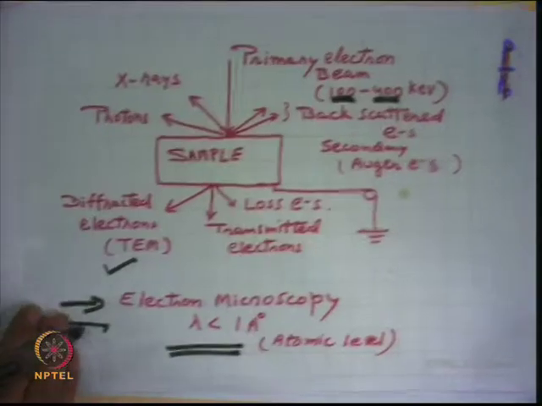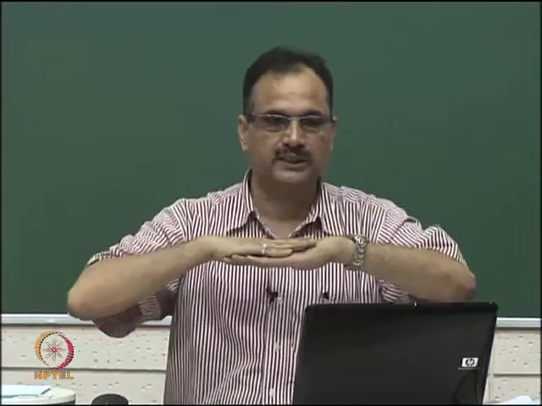I will come back to this later, but right now my idea is that when some energy source strikes the surface, there will be diffraction and some transmission, and we are interested in the properties of those reflected and transmitted energy, secondary electrons.